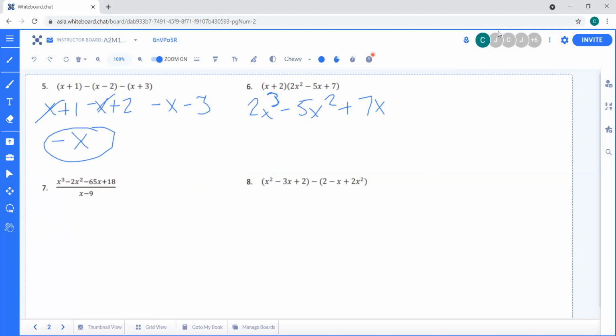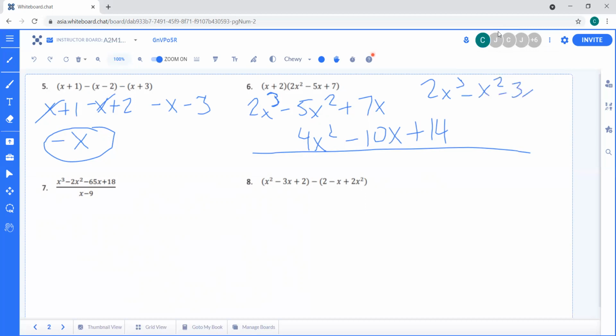That leaves us with 4x squared minus 10x plus 14. Combine like terms. That leaves us with 2x cubed minus x squared minus 3x plus 14.